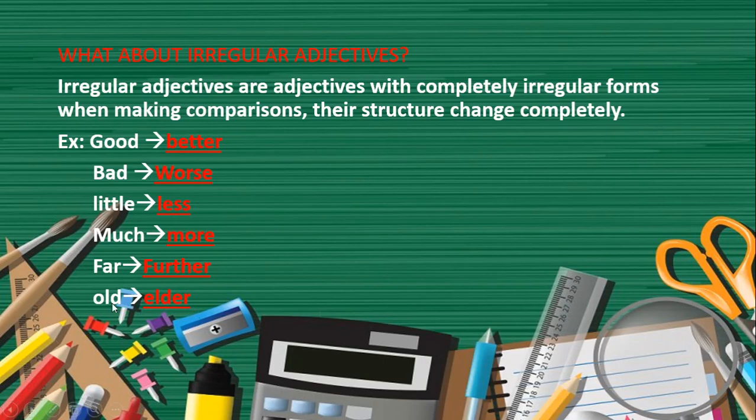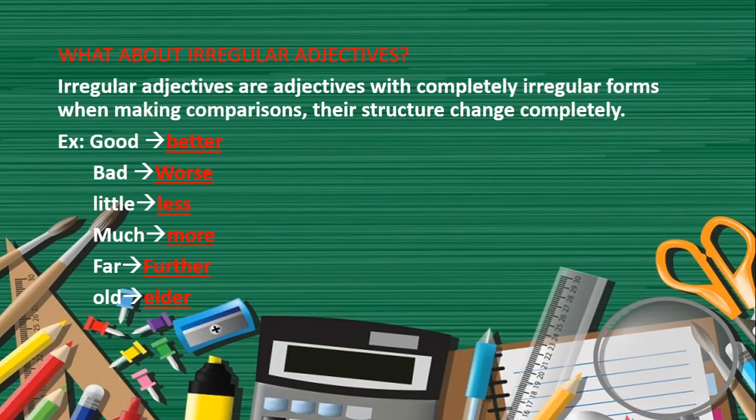So they are irregular adjectives because their structure changes completely. They don't have a specific ending, and they don't have a rule. Remember that, like the irregular verbs and the irregular plural and singular.